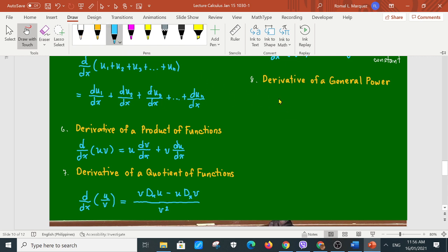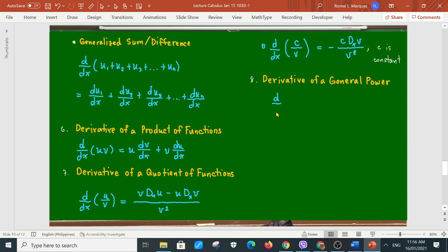So, the derivative with respect to x of u to the n is equal to n times u to the n minus 1, same as before. The only difference is that you have to multiply it by the derivative of u with respect to x. You differentiate the base too. So we call this the general power formula.